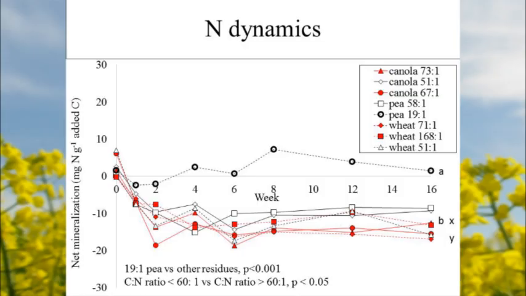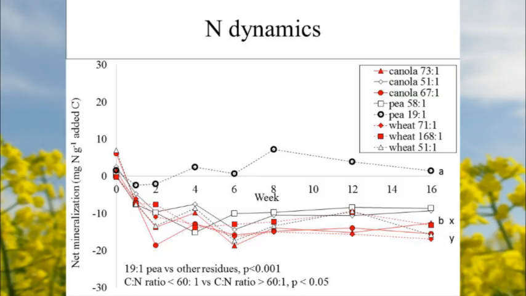And it's interesting because we usually associate nitrogen tie-up with wheat straw and not necessarily pea and canola. And then we had another group of residues that are shown here in red that also had a depression in soil nitrogen availability, but even more so. And so these were the residues that had really high carbon to nitrogen ratios. And so those are really poor quality. Those are going to tie up the nitrogen.